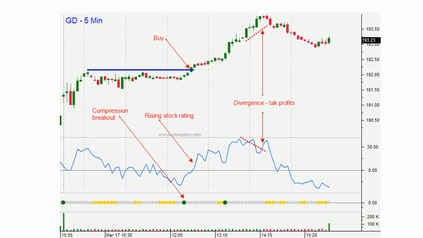Much like the market rating, it is not going to wait for that top, it's going to anticipate that top. So when you see this divergence, it's time to take profits and get out. If you simply use the 10 EMA, that would have worked fine, or you can simply wait for this divergence and for that stock rating to start to decline. That's your sign that you need to start getting out of this position.